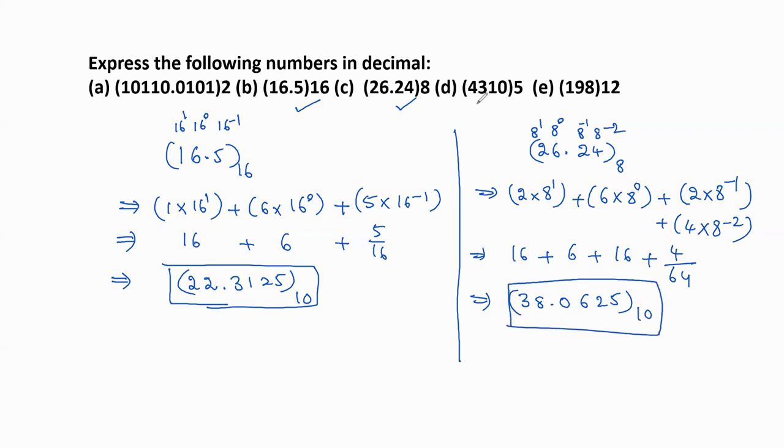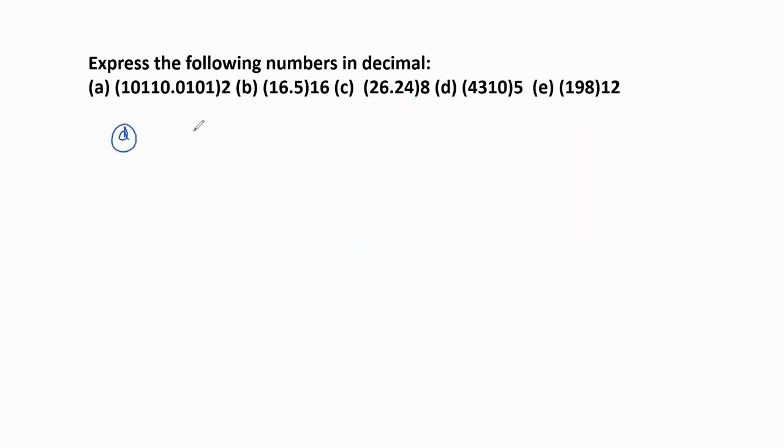Okay. Next, for D and E it is the same. Let us take the D part, 4310 with the base 5. This is the base 5 number system. Base 5 means each and every digit of the given number should lie between 0 and 4 only. The total number of digits is 4, and there is no fractional part, so it is an integer number.